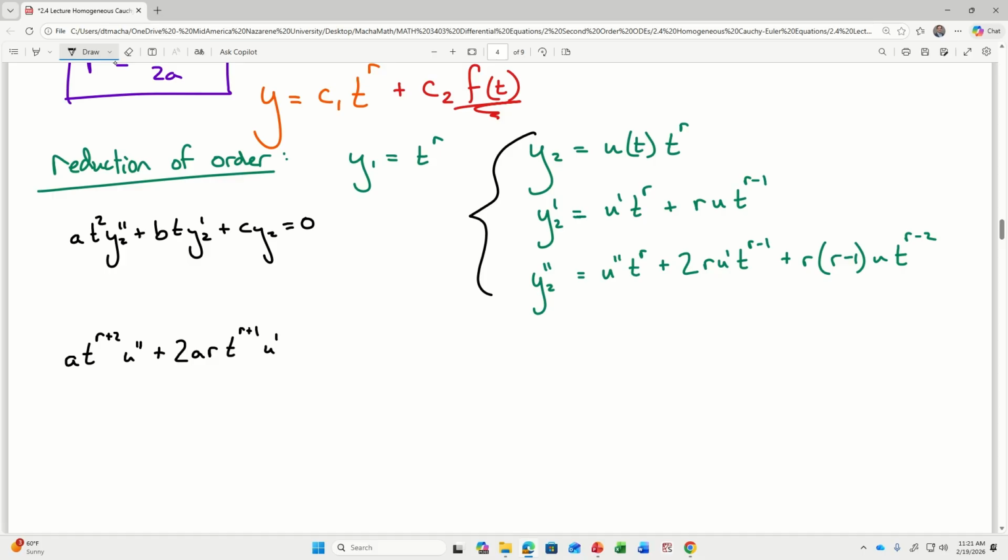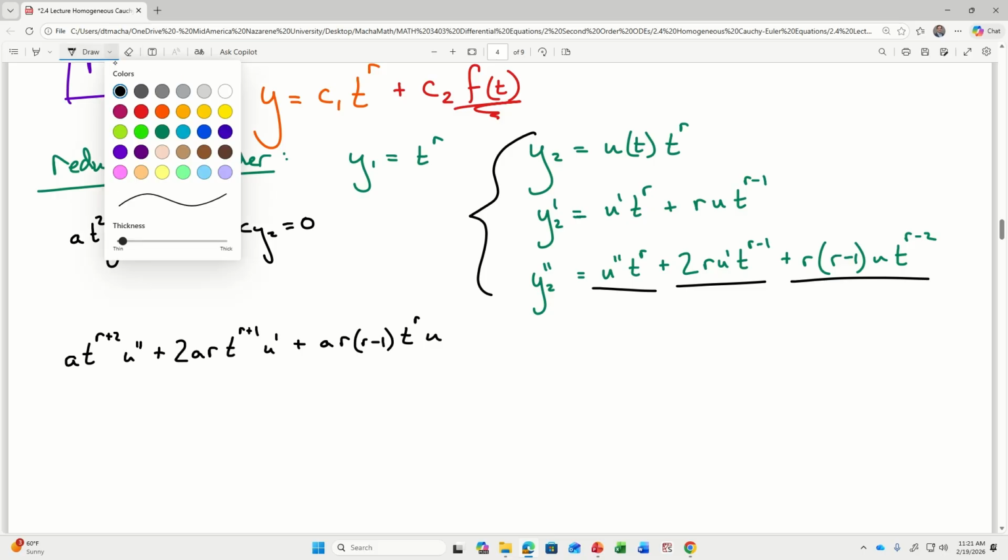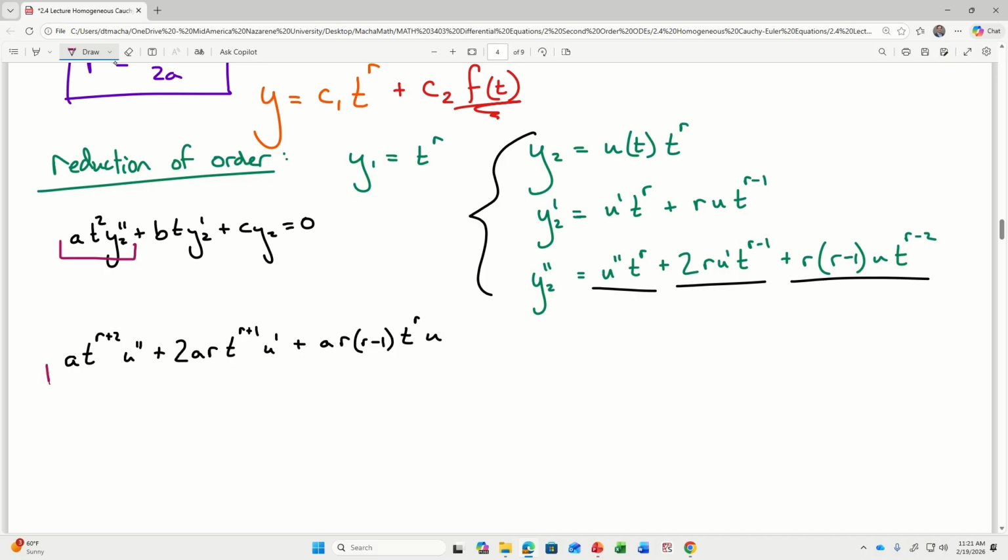And then the third term, we've done that one and that one, now we need to do the third term, which is going to be a r times r minus 1 t to the power r u. And that takes care of the first term in my ODE.